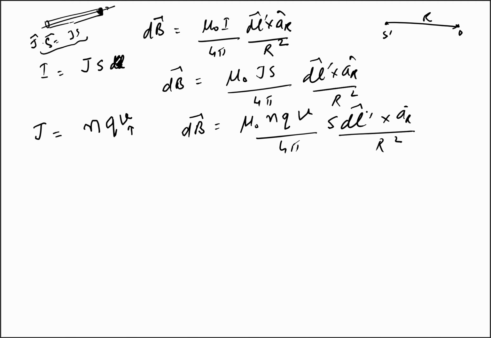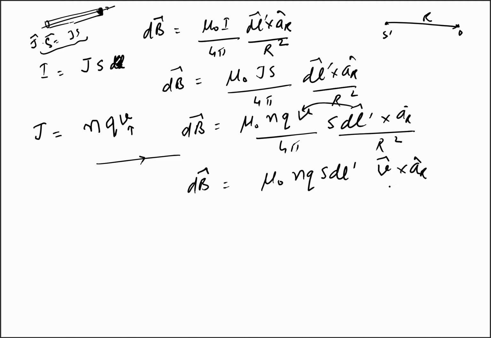Now this dl dash was in the direction of the current, and if we are assuming positive charge carriers, then this v is also in the same direction as the current or the current density. So I can transfer this vector sign to v, and write dB is equal to mu naught n q s dl dash, v cross ar over r square.